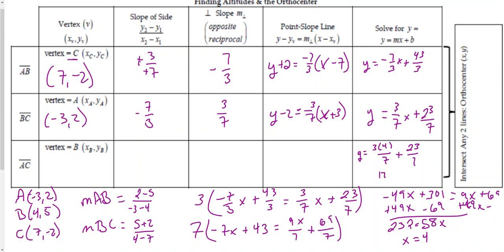That gives me 12 over 7 plus 23 over 7, which is 35 over 7, which is 5. So my x value is 4, my y value is 5, and that is the orthocenter. Those are the coordinates of the orthocenter.